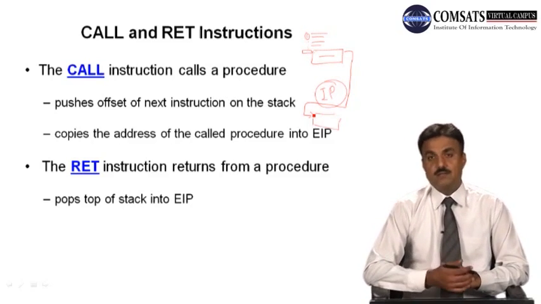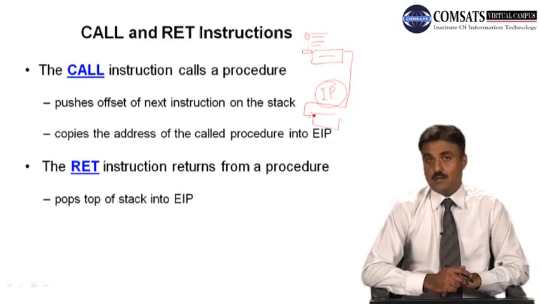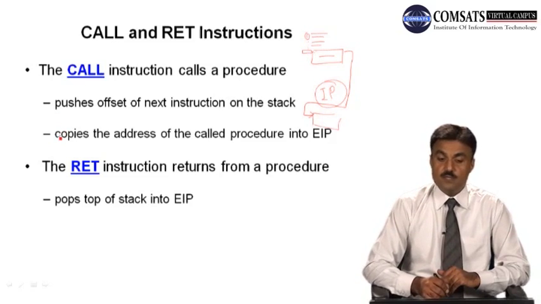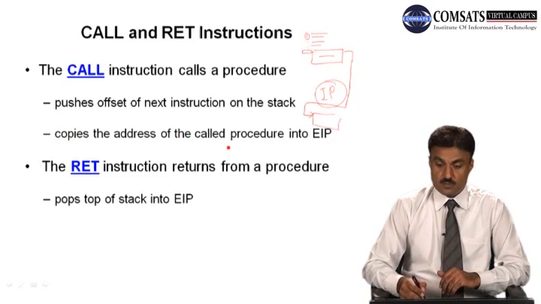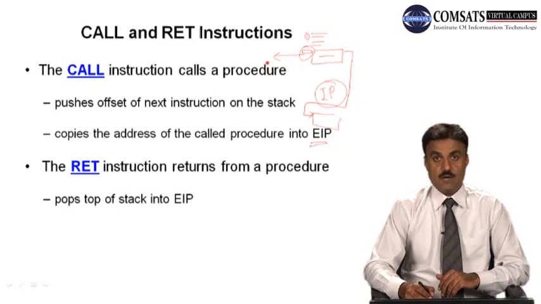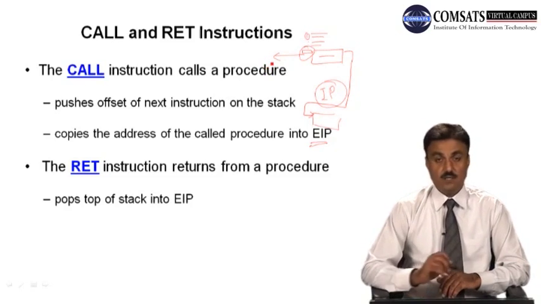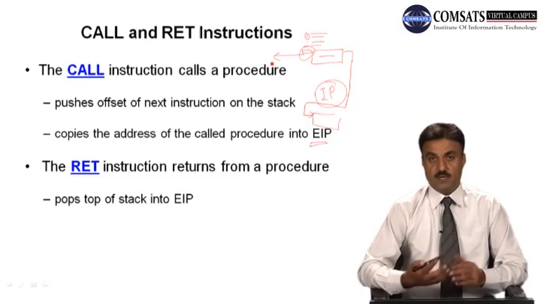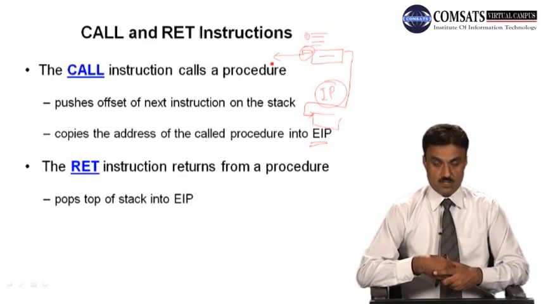We will see an example. The next step of the call instruction is that it copies the address of the called procedure into the EIP register, because first it stores the current address, the return address, inside the stack, and then the instruction pointer is updated with the new instruction which is going to be executed.